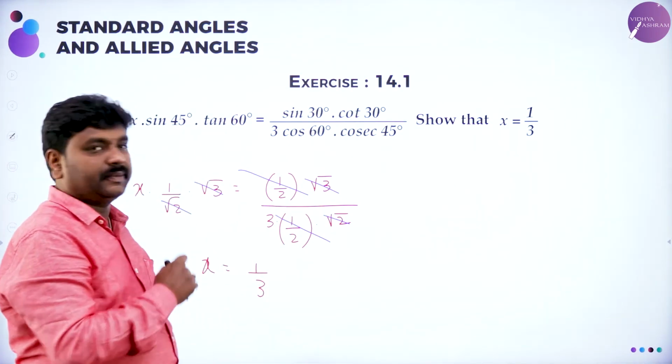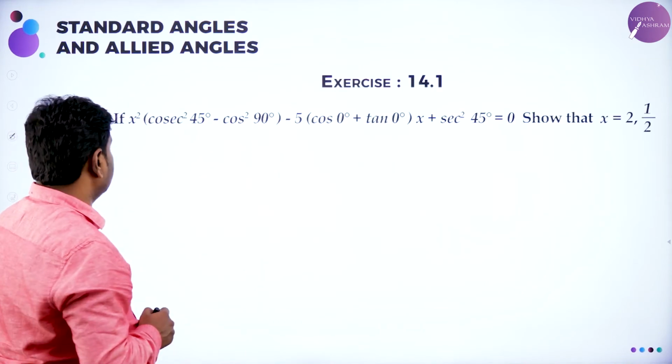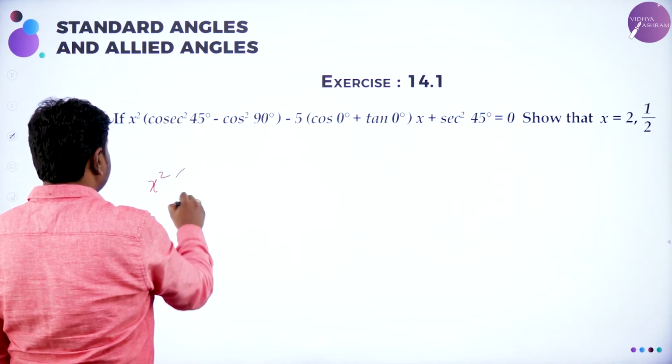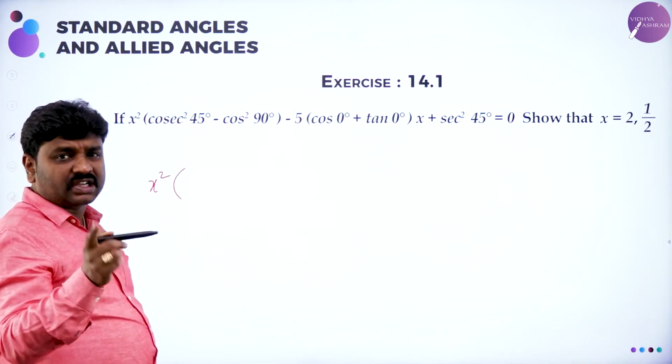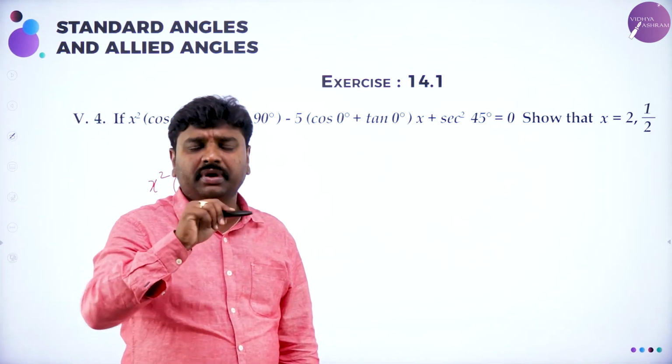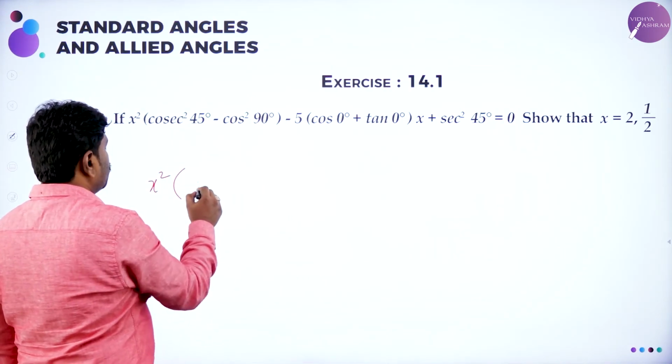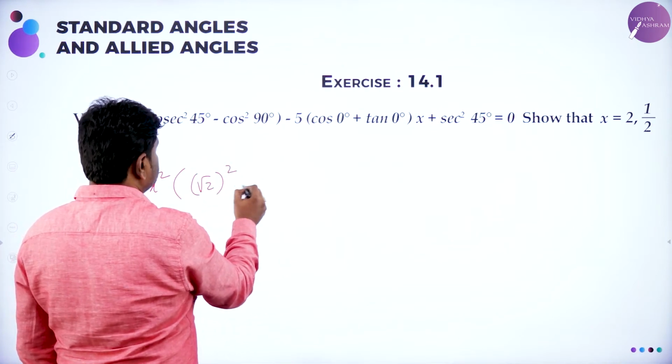1 by 3. Next we have x square into cosecant 45. What is cosecant 45? Sin 45 reciprocal. What is sin 45? 1 by root 2. So cosecant 45 becomes root 2. So this will become root 2 square, minus cos square 90.